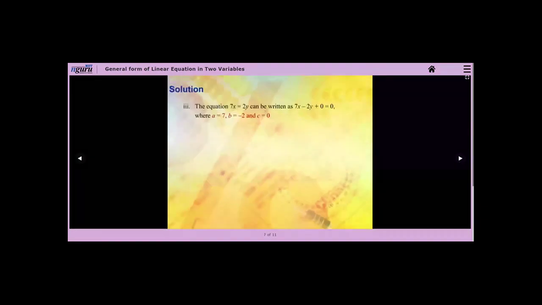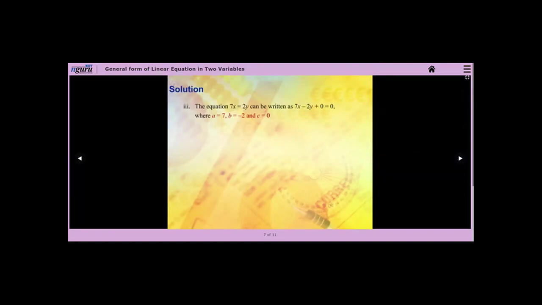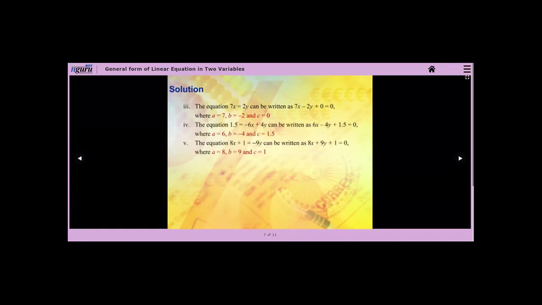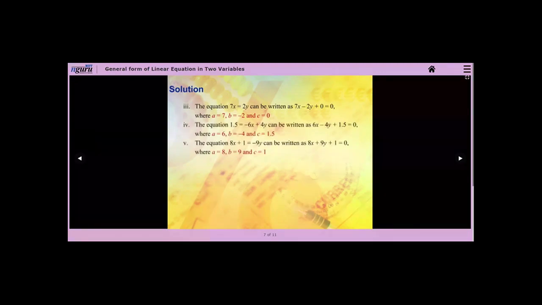Numerical constant, ma'am. Correct. In the third equation, no constant term is given, so we will consider it as 0. Thus, a is equal to 7 and b is equal to minus 2. Similarly, we can find out the values of a, b, and c in the fourth and fifth equations.